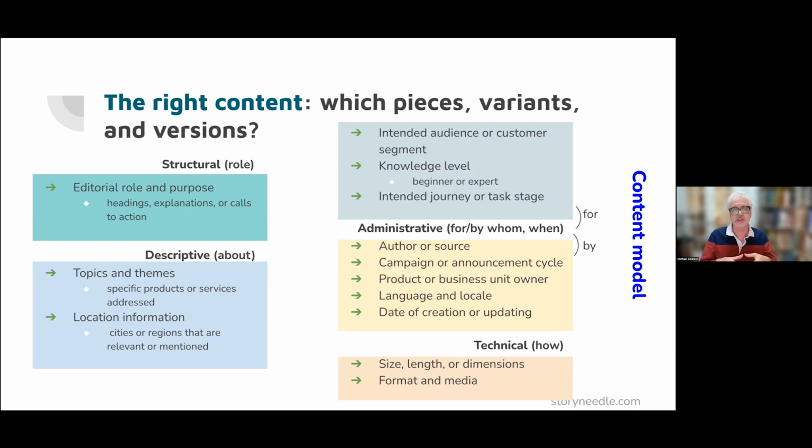Who in the organization put it out there? What is the business purpose of the content? Those are things that we need to specify. When was it created? That's going to have an influence on the right content as well. And finally, there's technical metadata, things like, is this a long piece of content or a short piece of content, the format of the content, things like that. All these are considerations when you are deciding what the right content is to deliver.